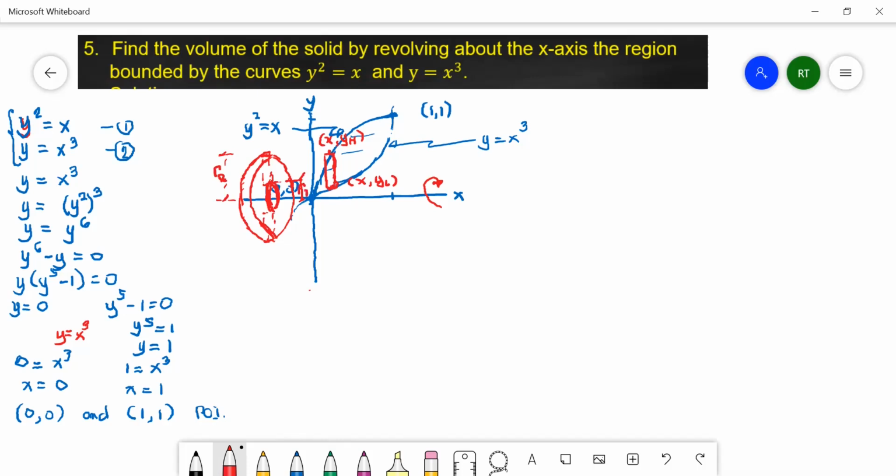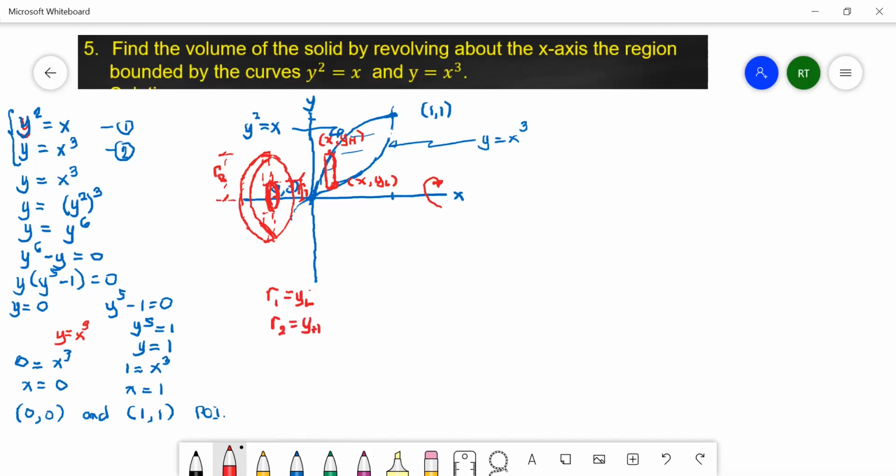And R sub 1 is actually determined by y sub l, which is the distance from the x-axis. So R sub 1 is equal to the lower y, yl, and R sub 2 is determined by the upper y.